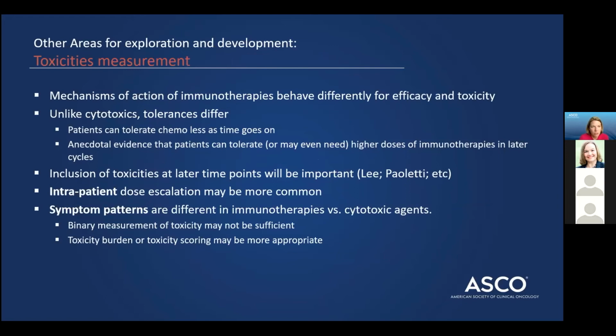Something else that I mentioned earlier that I think is another area ripe for consideration is toxicity measurement. Many studies are still very focused on that binary measure of DLT. We know that patients are more complicated than that, and the toxicity experience is broader than simply a thumbs up, thumbs down in terms of what they experienced in their first cycle or beyond in treatment.